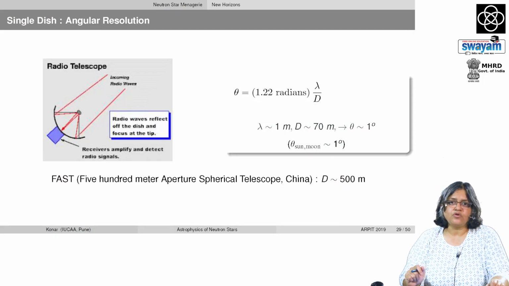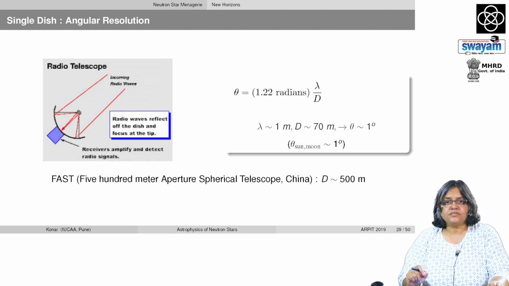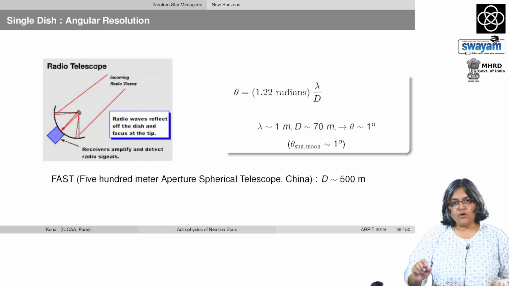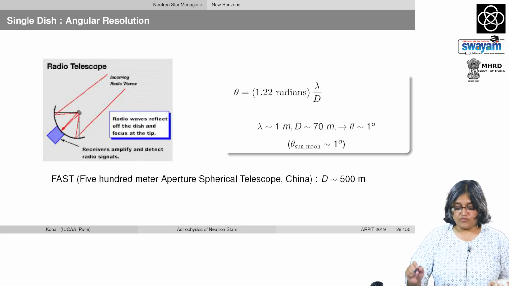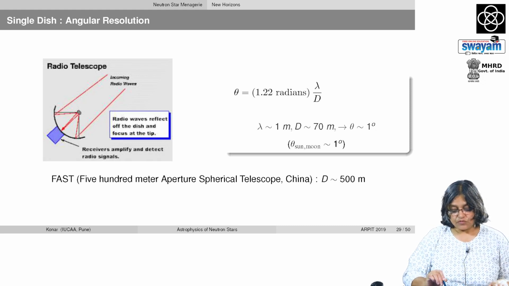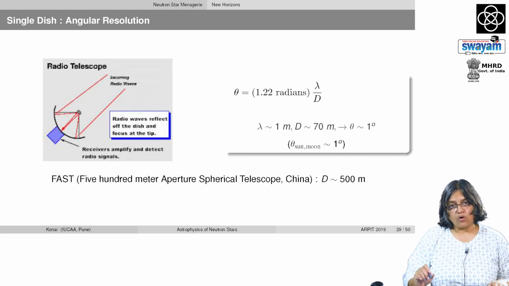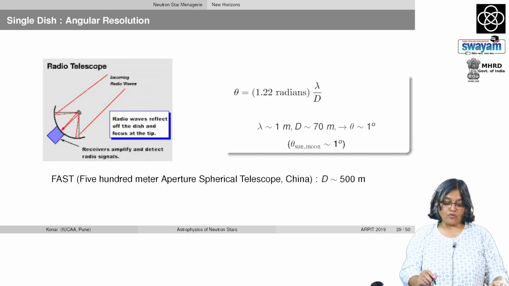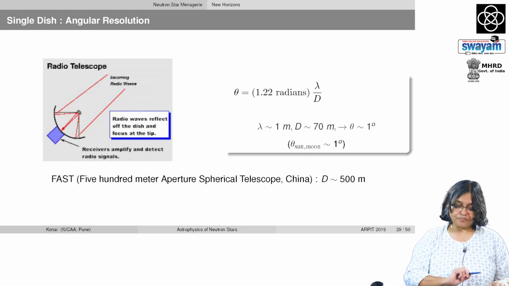In radio, what we typically started with is a single dish antenna, and there the angular resolution that is achieved is given by this formula. The angular resolution theta is dependent on the wavelength of the light that is coming to us and the diameter of the aperture of the telescope or the dish.